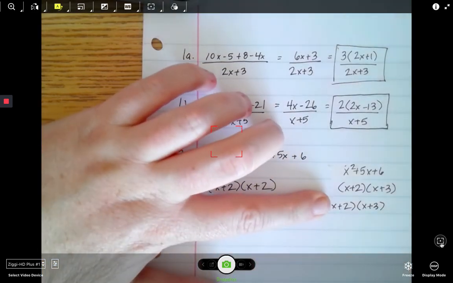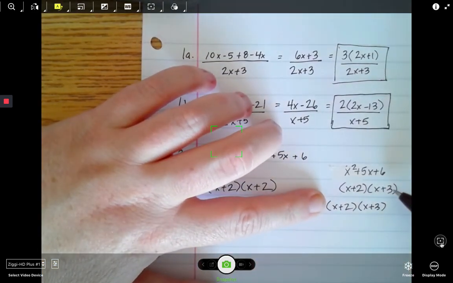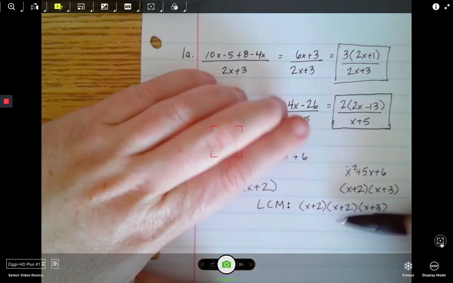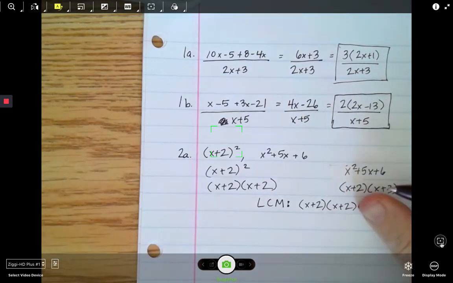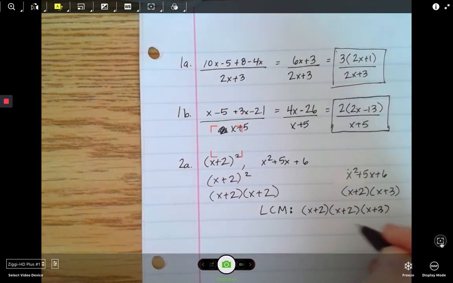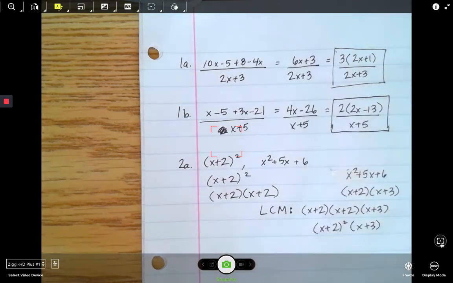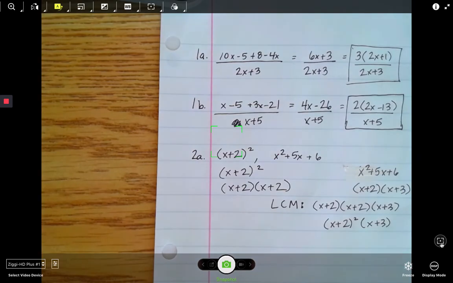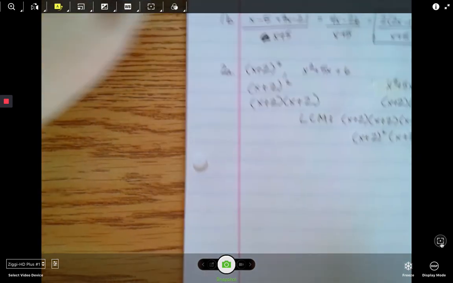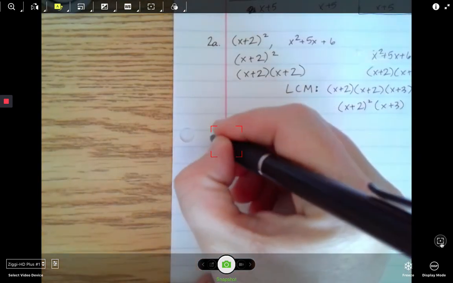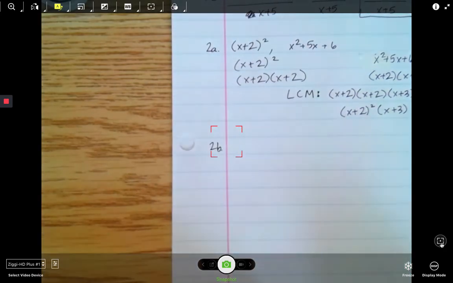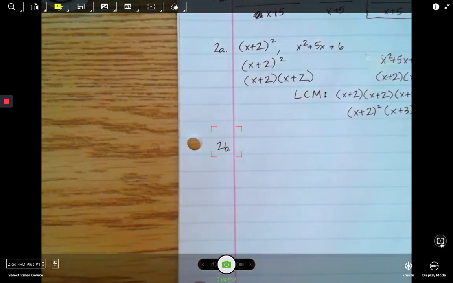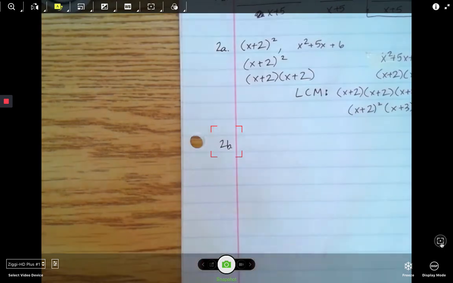So look, we've got what we needed from the left side, and now I've got what I needed from the right side too, right? So x plus 2 times x plus 2, we can write as x plus 2 squared times x plus 3. And I think it'll make a whole lot more sense when you actually see it in fraction form as opposed to looking at it like this.